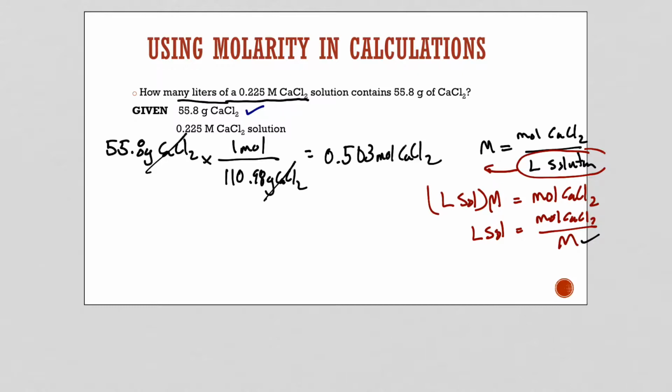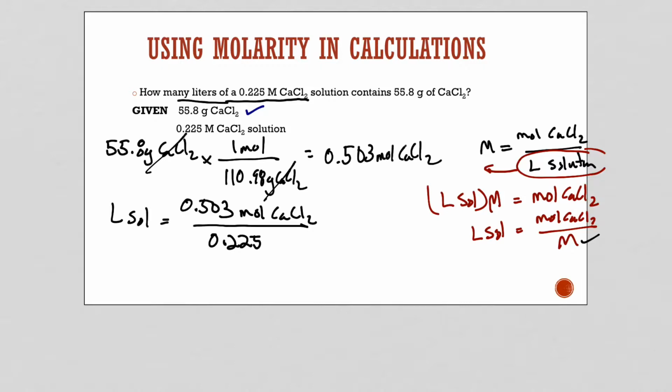So again, I can go through this idea here, and I know my liters of solution are going to equal my moles, 0.503 moles of calcium chloride divided by the molarity, which is 0.225.